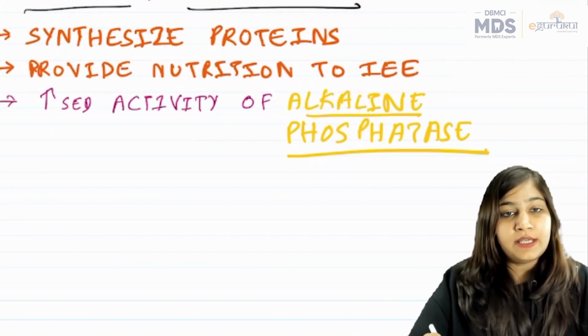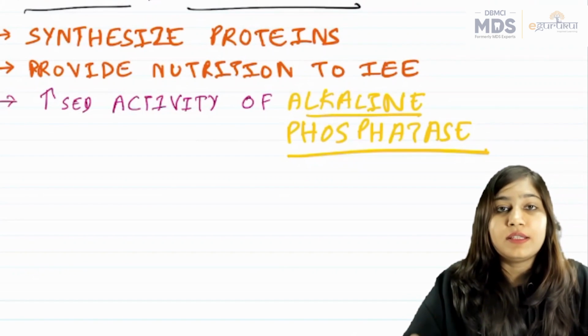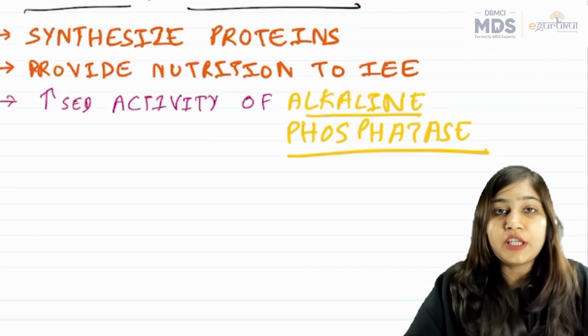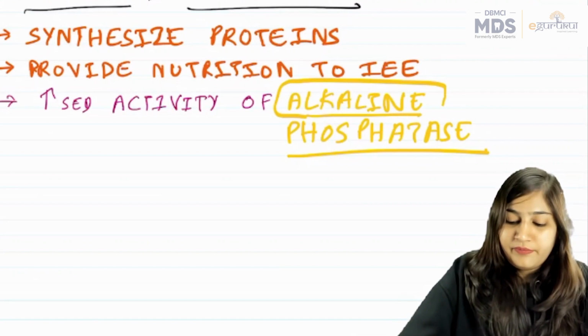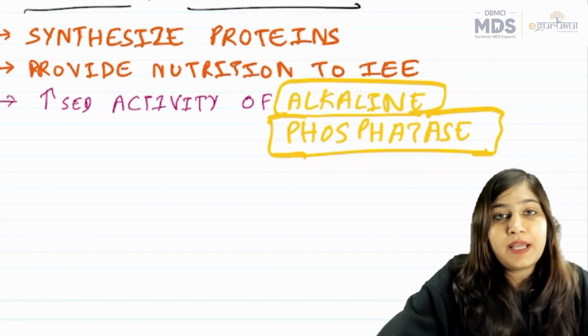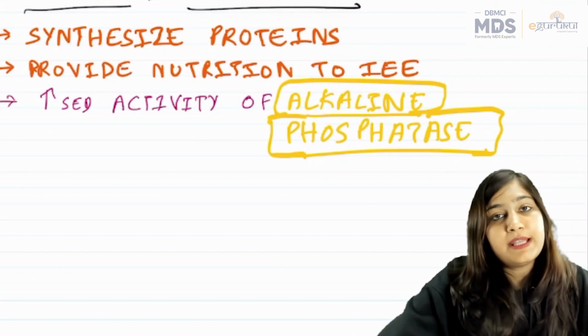This can also be an MCQ question. It expresses increased activity of alkaline phosphatase. And degeneration of dental lamina begins during the bell stage.